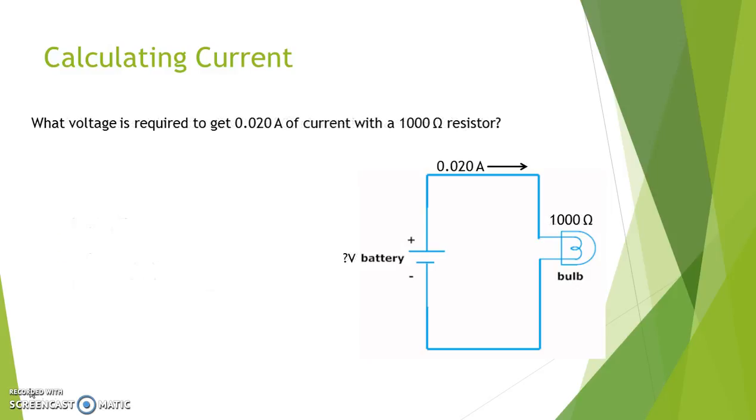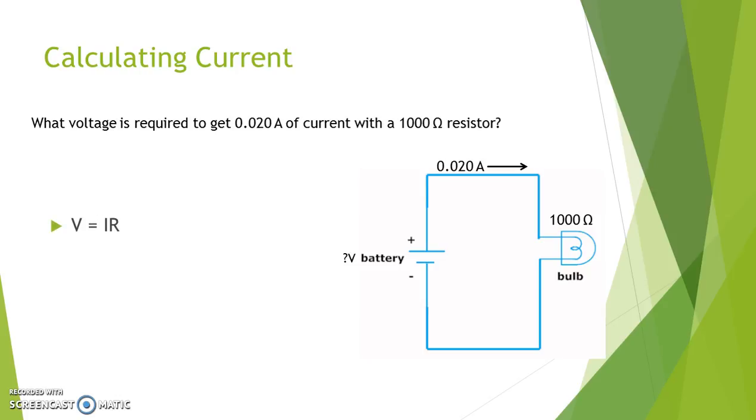Now we can also do 3 other forms of these calculations, of course. We can see a question: what voltage is required to get 0.02 amps of current with a 1000 ohm resistor? In this case, we're given our current, represented by the arrow here, and we're given our resistance, and the question is, what voltage do we need to achieve that?